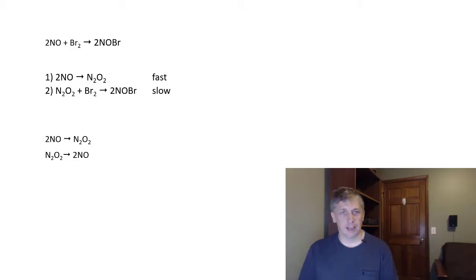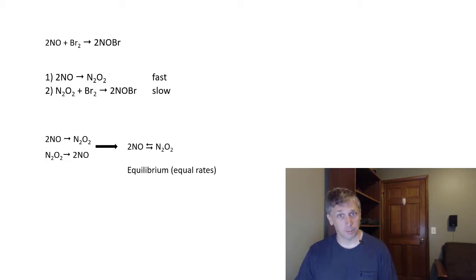So the forward and reverse reactions are both happening in step 1. And what will eventually happen is you're going to establish what we call a chemical equilibrium, where the forward and reverse reactions are occurring at the same rate. And again, more on that in the next chapter, and the chapter after that, and for a while.